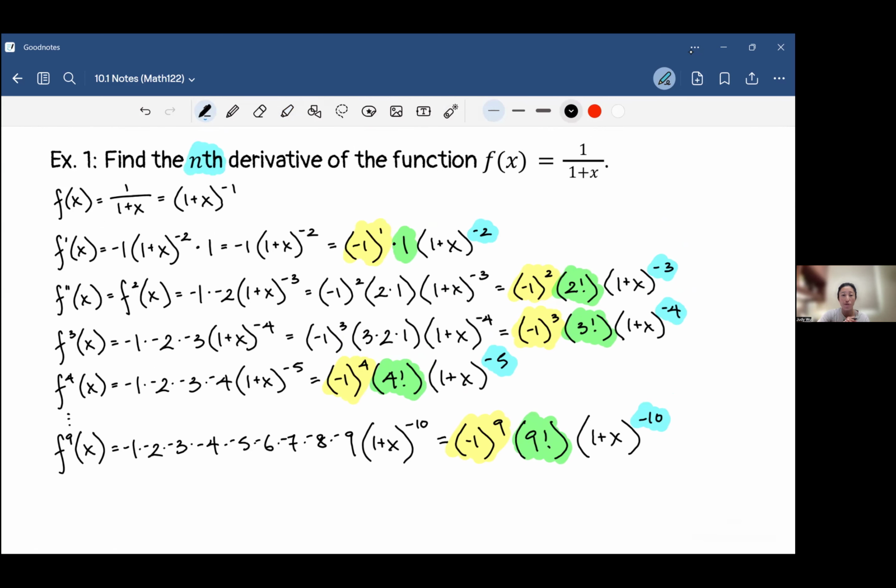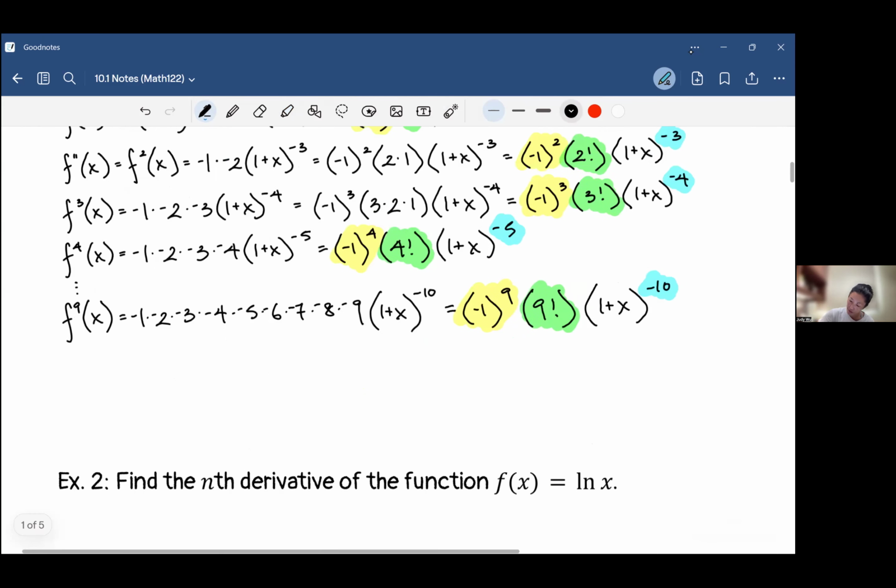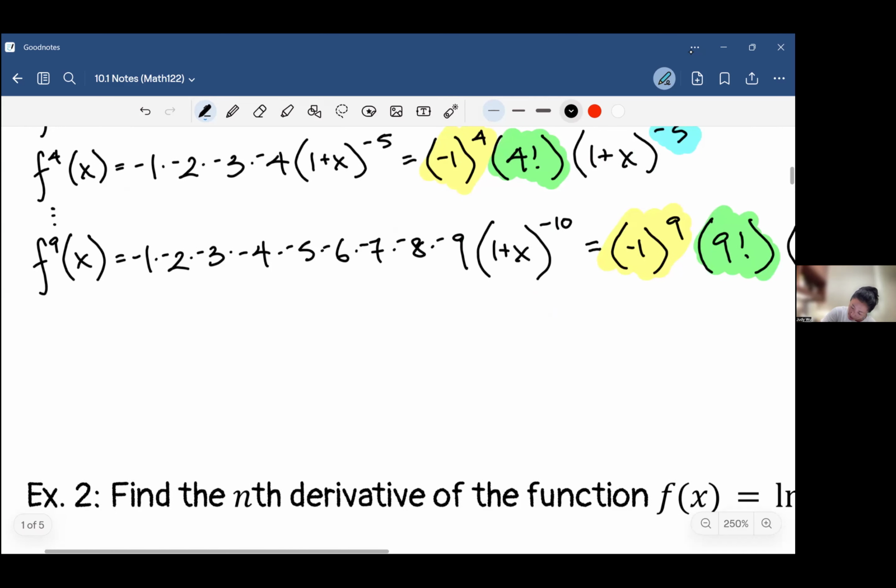Now we're just going to use the letter n to talk about what number derivative we're on. So what do I mean by that? F^(n)(x), the nth derivative, will be -1 to the n power.